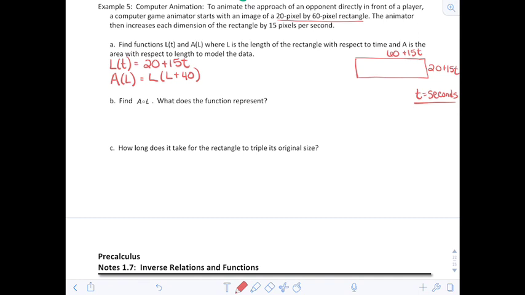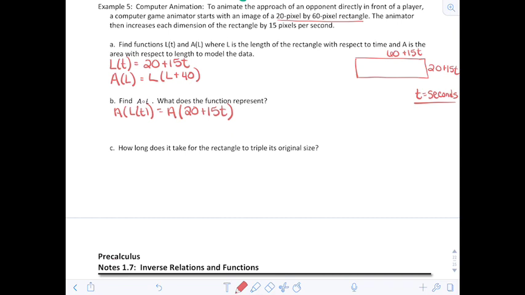So letter B says to find A of L. And what does that function represent? Well, if I want A of L, well, L is based on t. So let's see what we get when we do that. So A of L of t is really 20 plus 15t.